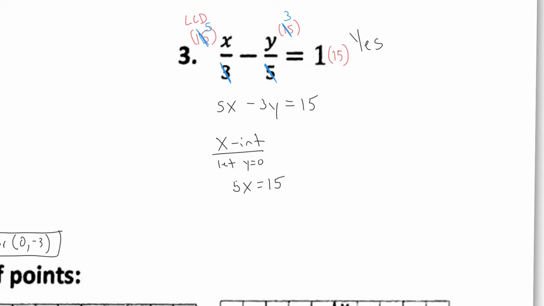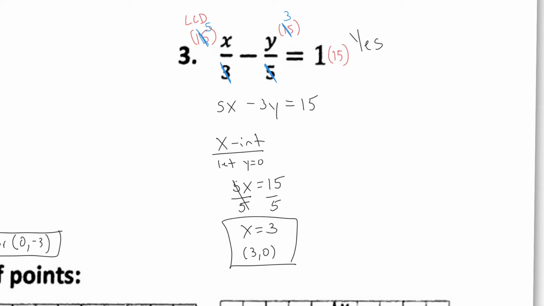Notice, I am ignoring the y because y is going to be 0, so when you multiply those two numbers, it will equal 0. So the only thing you have to do is divide by 5 and solve for x. So x equals 3, or you can say 3, 0. So you have a point, or you have the x-intercept, x equals 3.